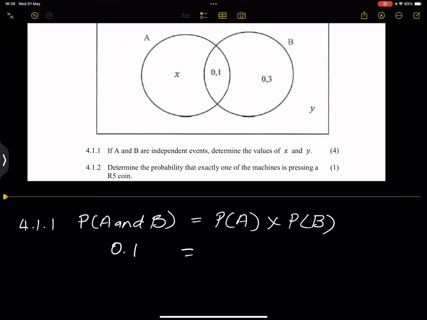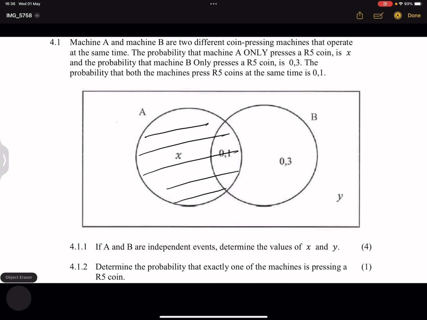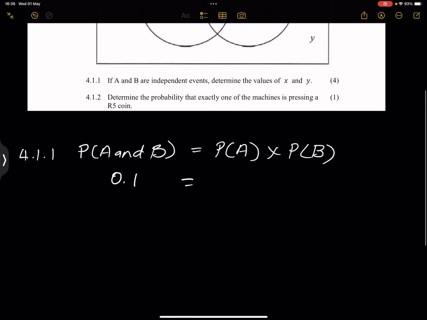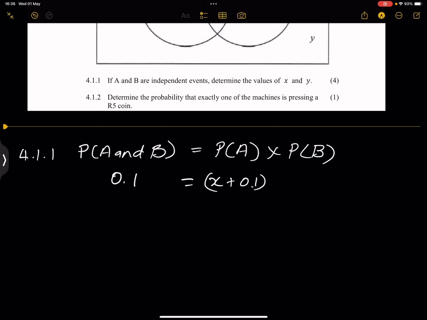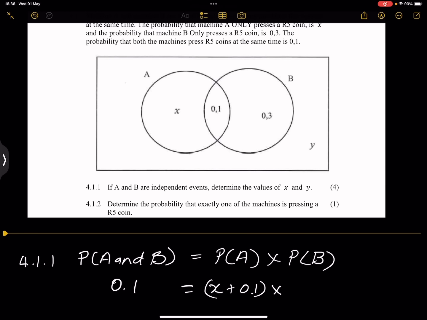But remember, the probability of A inside here is this entire thing, right? So the probability of A in this case would be X plus the 0.1. Okay, you must keep that in mind, right? So that's X plus 0.1, okay, multiplied by the probability of B, right?